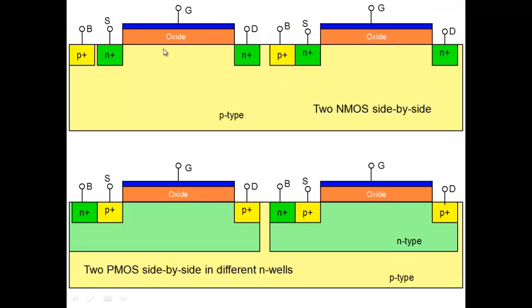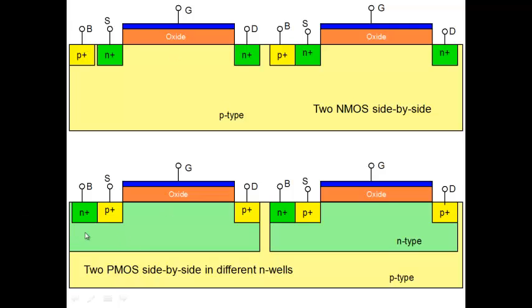So even though you've made these two transistors on the same body, they are isolated from each other. They do not interfere. Whatever I apply here will not influence the current that flows in this particular MOSFET. So the point is, the body is kept at the most negative point in your circuit.